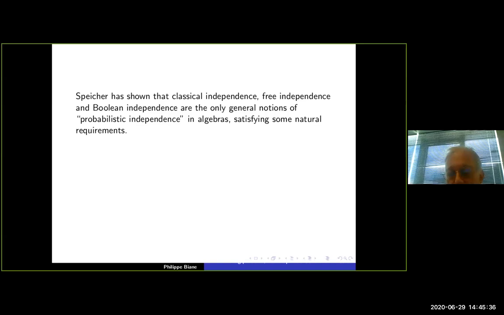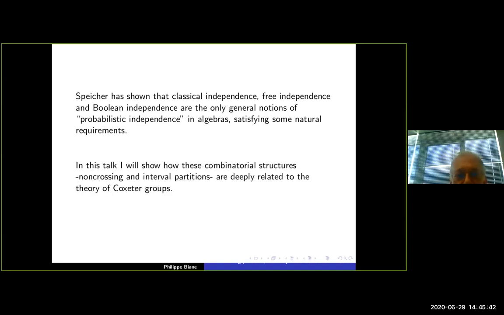independence theories. So this is my starting point for looking at these objects, that in some sense they are characterized in a probabilistic way. And what I want to show is that these combinatorial structures, well, not so much the classical set partitions, but at least the non-crossing and the interval partitions, are very deeply related to the theory of Coxeter groups.